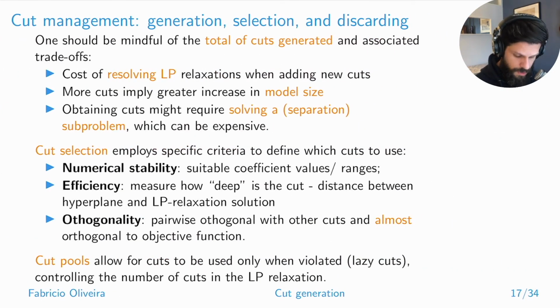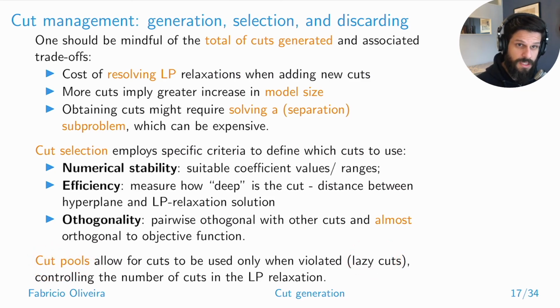And we talked about cut pools before, but I'm just bringing it up here. Cut pools are a way to manage what cuts are being considered. They allow you to define lazy cuts, which are basically cuts that are considered in a cut setting. Your cut pool involves lazy cuts like we described before, but it might also involve user cuts.